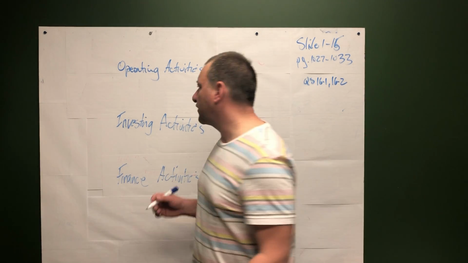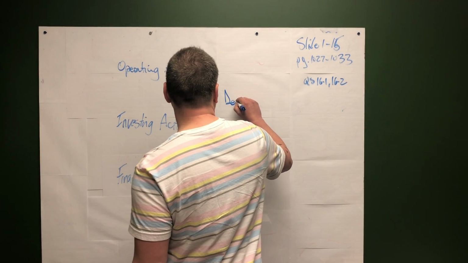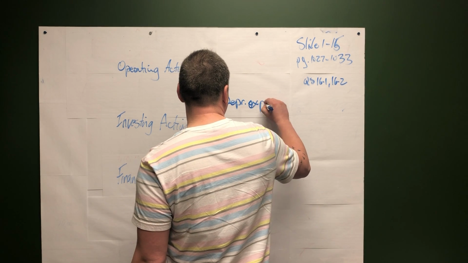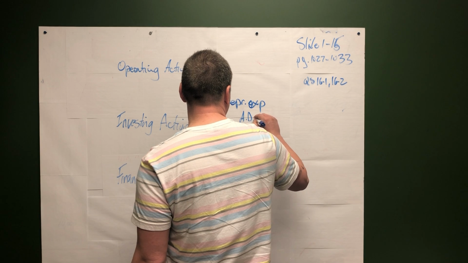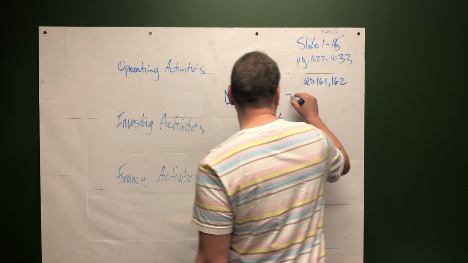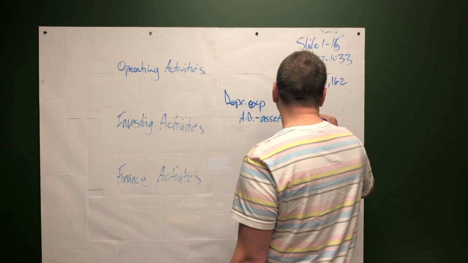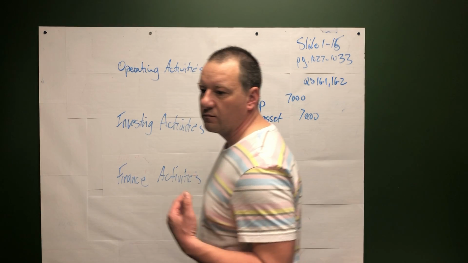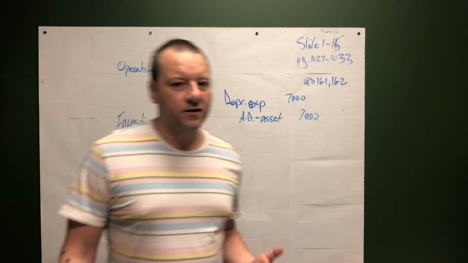Think of your depreciation expense. Debit depreciation expense, credit accumulated depreciation for whatever asset we're dealing with. So maybe it's $7,000. Well, that's a non-cash operating activity, okay.